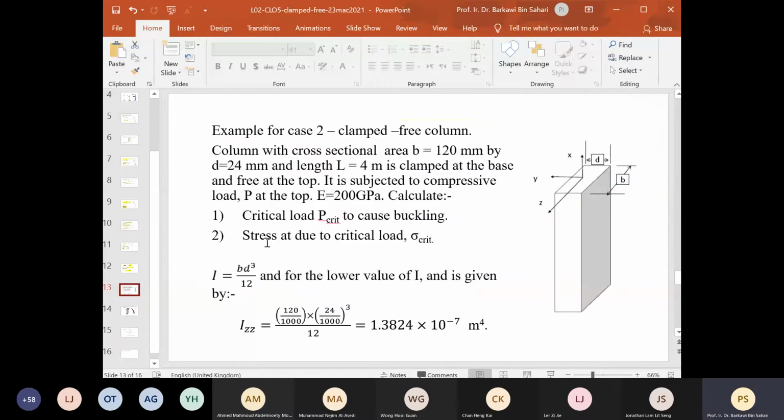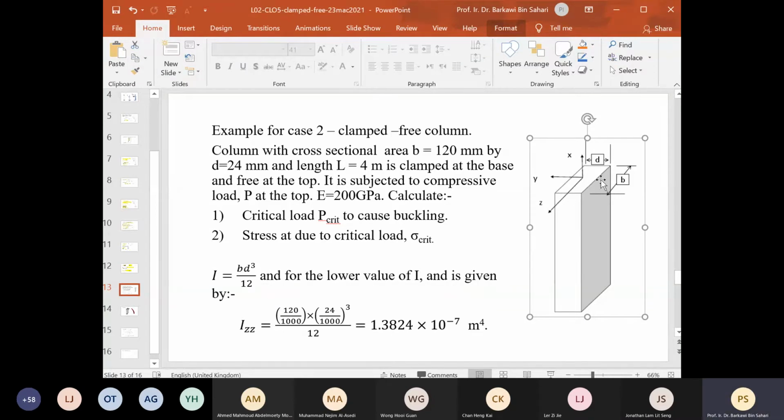Okay, let's look at an example, the example that we used before. It is a clamp-free column. The thickness is D, which is 24 millimeters.